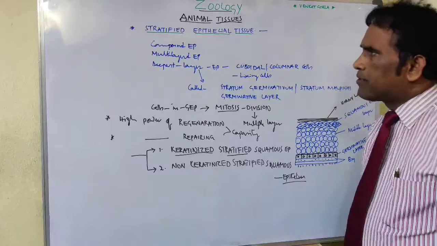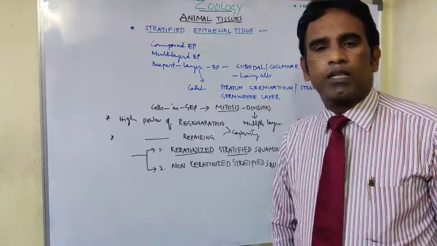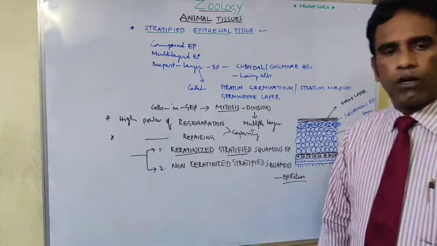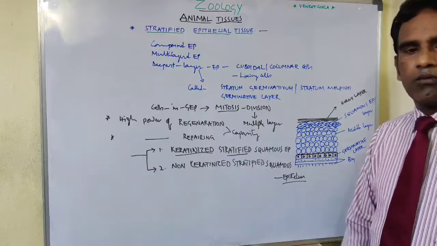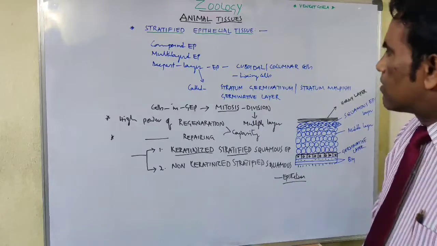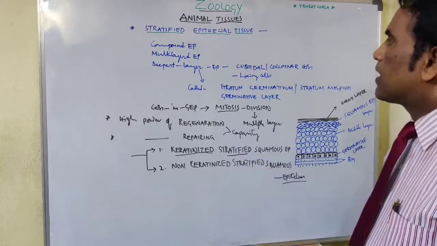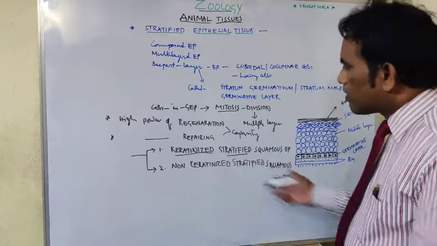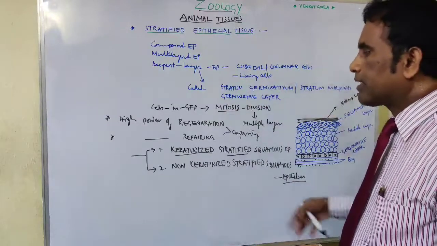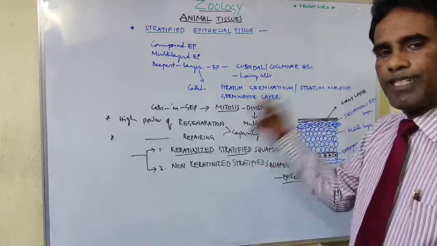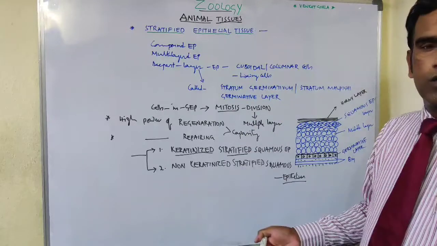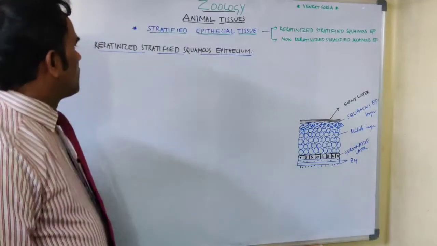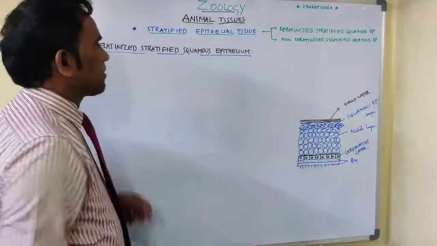The location of this stratified epithelium is commonly in the epidermis of the skin, buccal or oral cavity, pharynx, tongue, the middle layer of the anal canal, vagina, and cervix. We'll see all these locations in detail: where the keratinized stratified squamous is located, and where the non-keratinized stratified squamous is located. Now let's see keratinized stratified squamous epithelium.